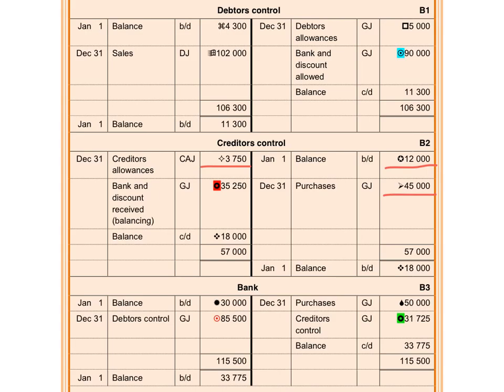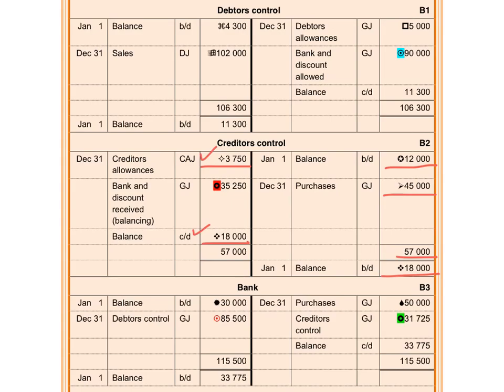The outstanding balance at the end of the year that will be carried forward to the next financial year is 18,000 Rand. If we add up the credit side, we get a total of 57,000 minus the 3,750 minus the 18,000.